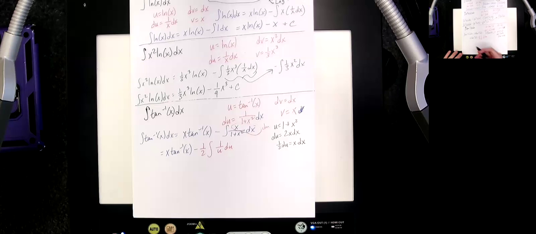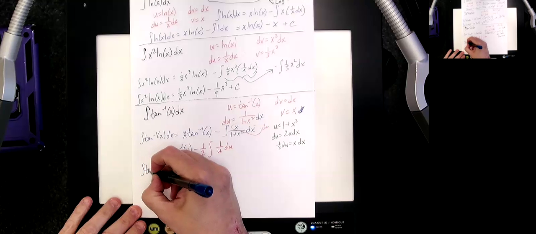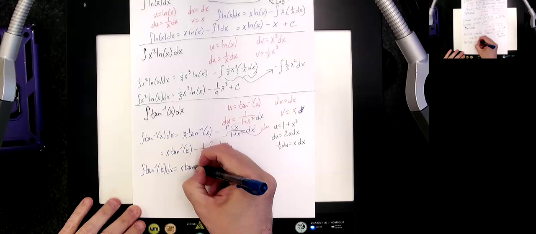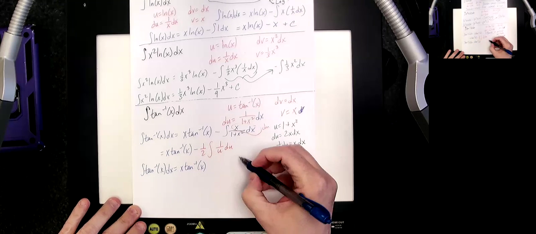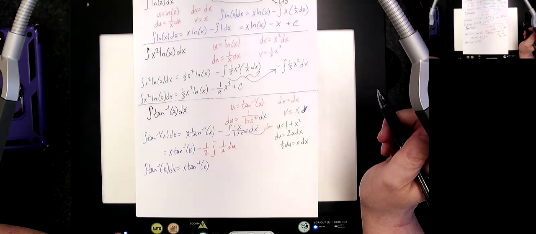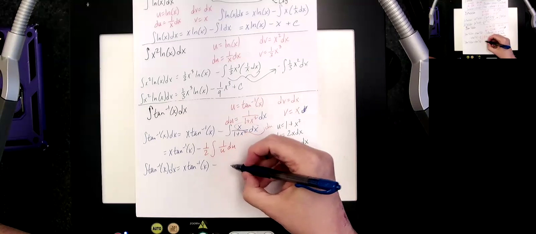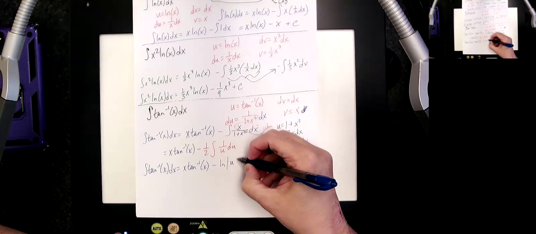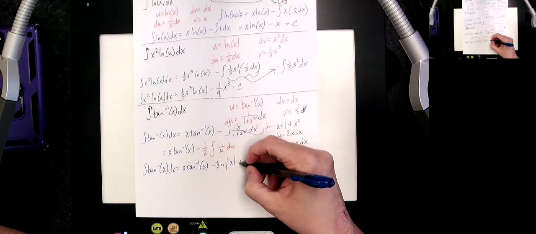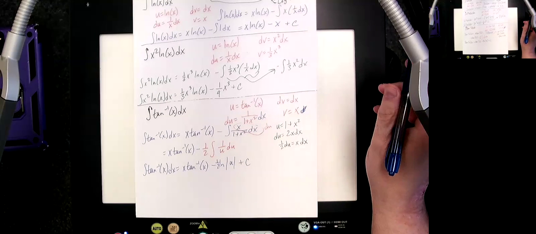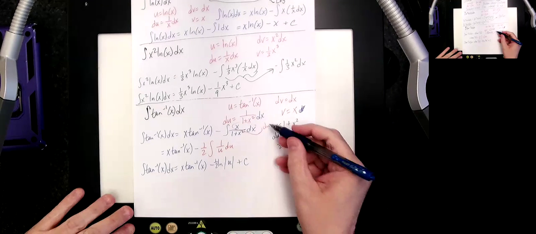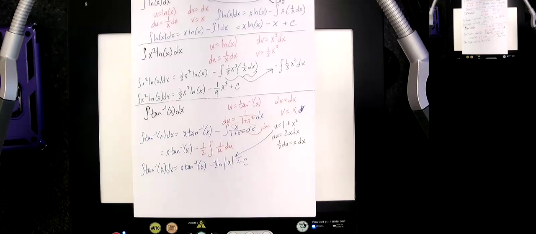So we integrate. The integral of tangent inverse x dx equals x tangent inverse of x. What does 1 over u integrate to? Natural log of u, right? Minus 1/2 natural log of u, plus c. But we didn't start with u, so we're not going to end with u.